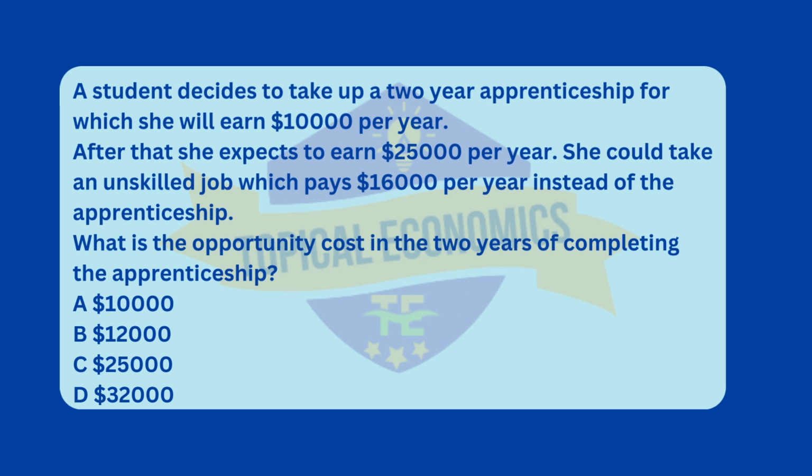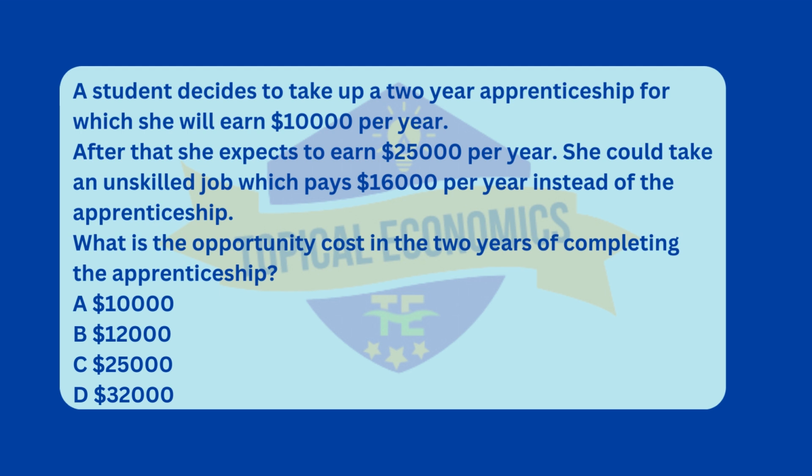The correct answer for this question is option B. If the student chooses the apprenticeship, she earns $10,000 per year for 2 years, totaling $20,000 over the 2 years. And, if the student chooses the unskilled job, she would earn $16,000 per year for 2 years, totaling $32,000 over the 2 years.